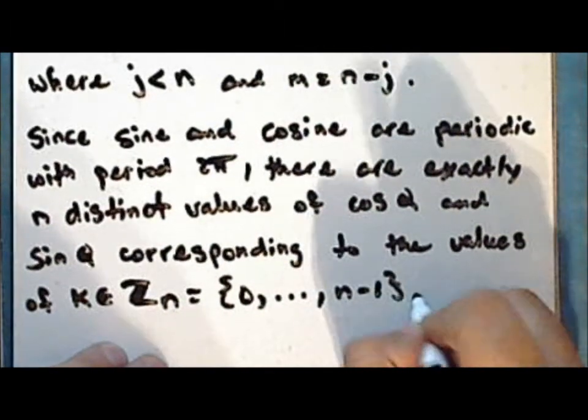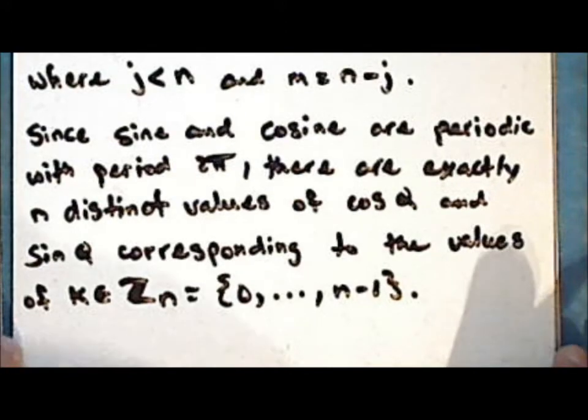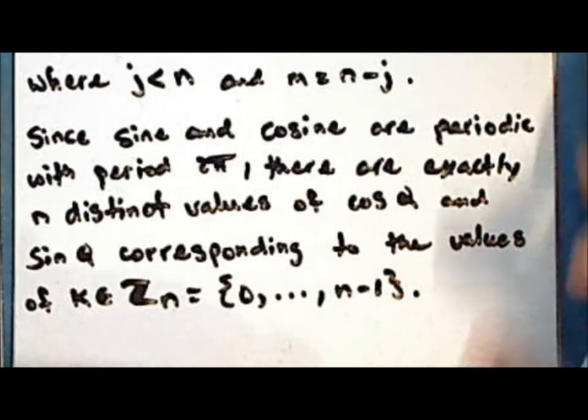And there are n distinct such values. So that completes the proof.